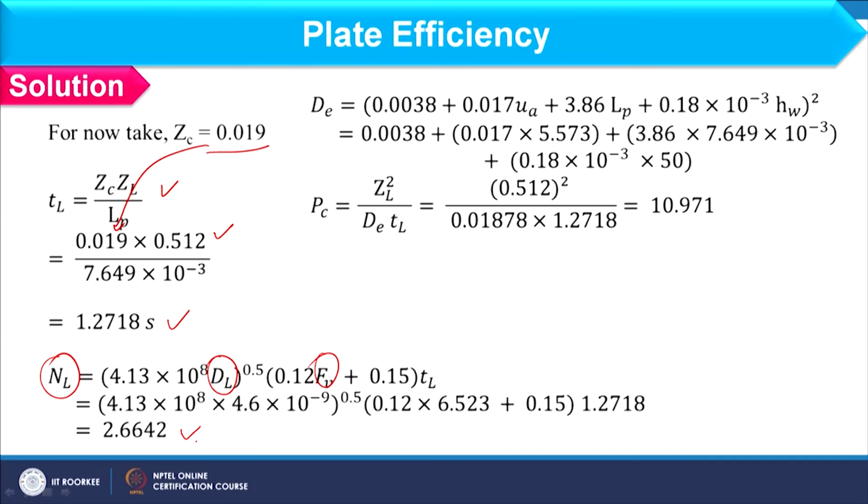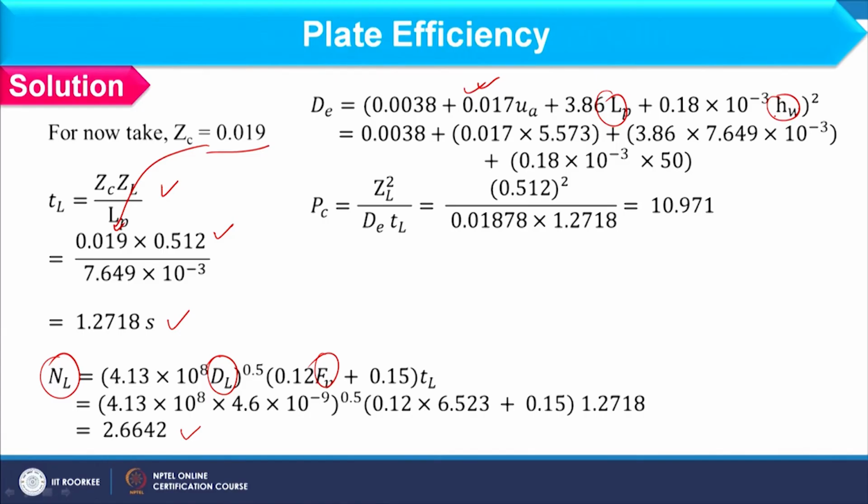Further, we need to find out the Peclet number, and for that I have to calculate eddy diffusivity, and for that we can use this expression where LP and HW can be used. Here you should keep in mind that when you are considering weir height, that is HW, either in the expression of NG or in the expression of DE, you should consider it in mm.